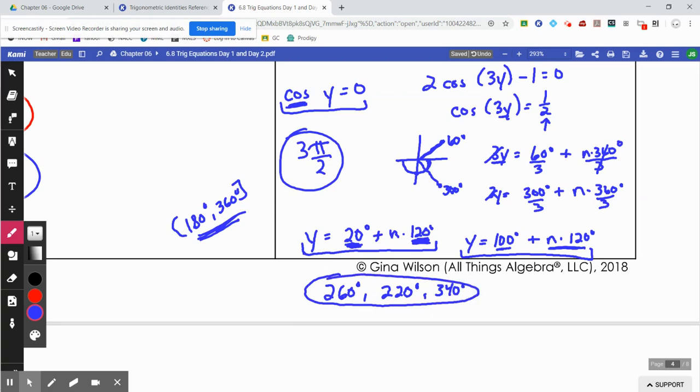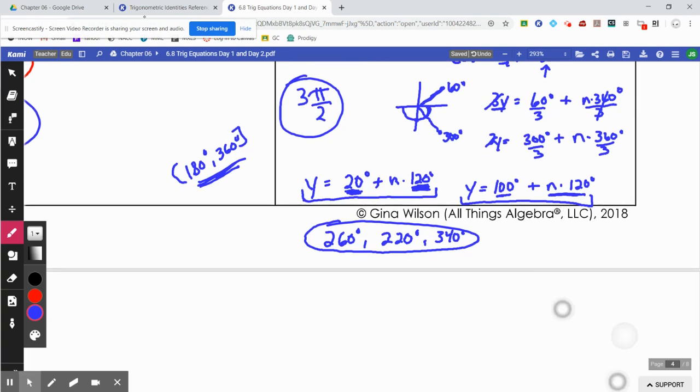And you could then just turn right around and change all of those to radian measures, and that's what you're going to have. I will go ahead and list those for you. The easy way of doing this, I did multiples of 20. I know that pi divided by 9 would give me 20.